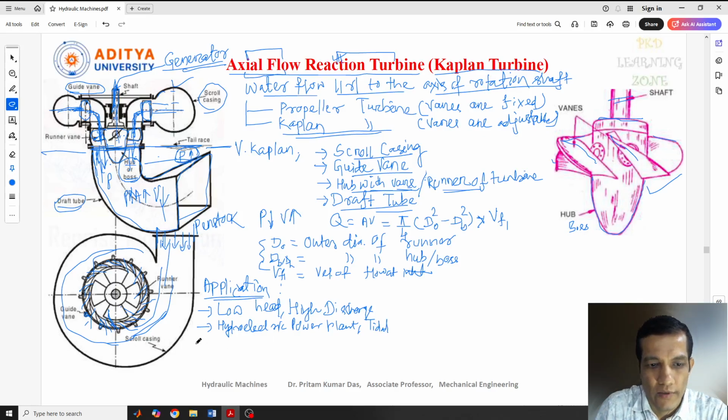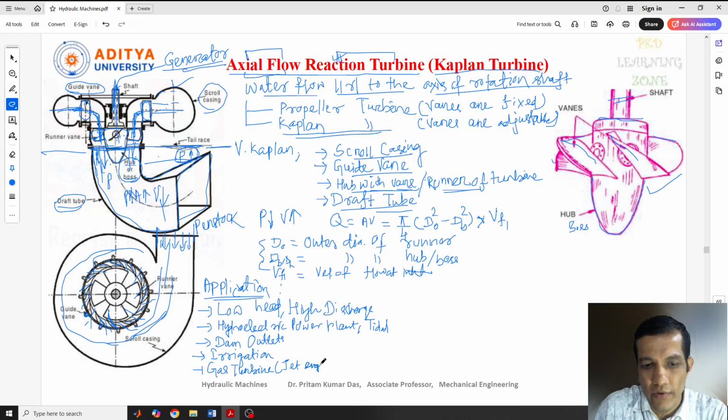Next, this can also be used for dam outlets for the purpose of electricity produced. Even we can use this in irrigation also. Sometimes you can use this in a gas turbine, the gas turbine being nothing but, we can say, like a jet engine.